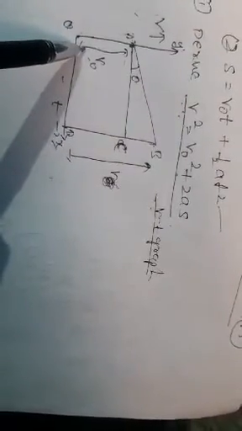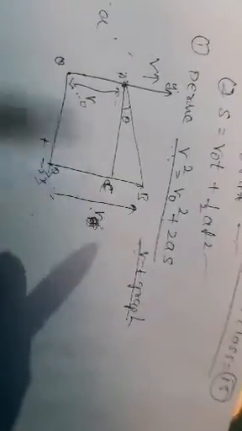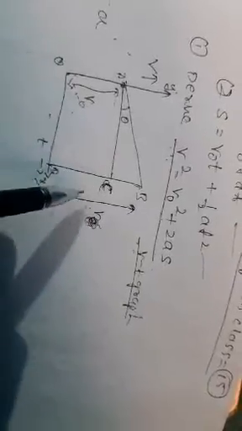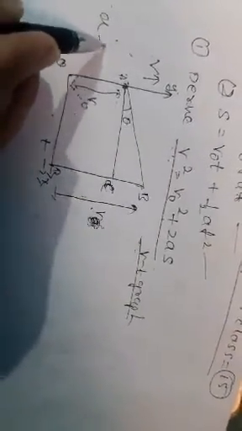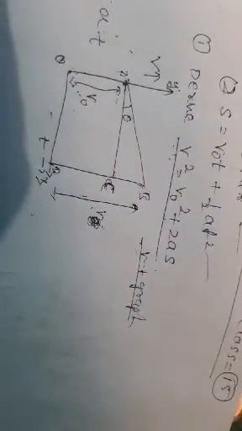Let the body be subject to a constant acceleration, small a, and the velocity changes from the initial velocity V naught to the final velocity V in a small time interval t. The VT graph is as shown in the figure.